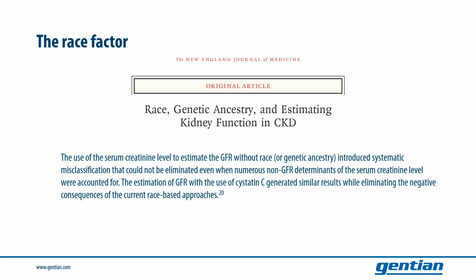The use of serum creatinine level to estimate the GFR without race or genetic ancestry introduced systematic misclassification that could not be eliminated even when numerous non-GFR determinants of the serum creatinine level were accounted for. The estimation of GFR with the use of Cystatin C generated similar results while eliminating the negative consequences of the current race-based approaches. So please add Cystatin C to your measurements in this case.